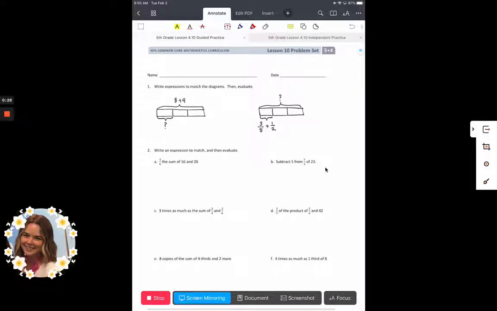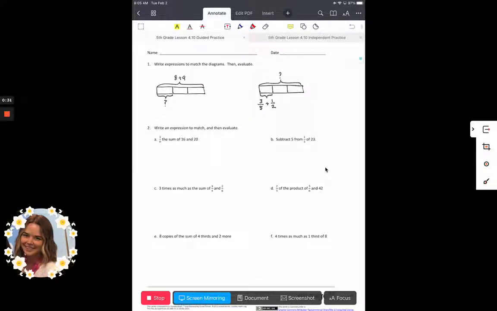So before we get into writing out the expressions, I want to talk about some of the words that we're going to see. So we'll see words like sum. When we see words like sum, then that means that we are adding. Subtract, obviously that means to subtract.